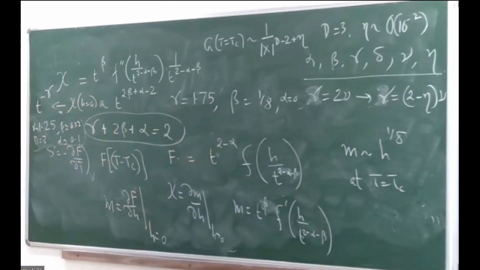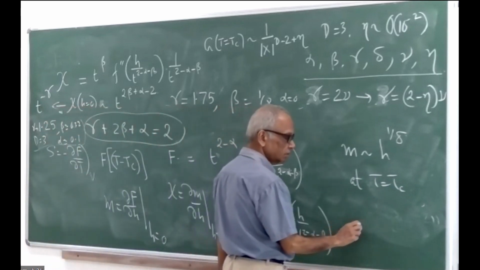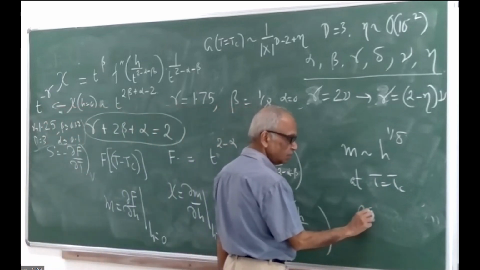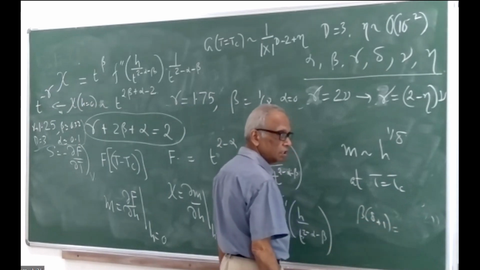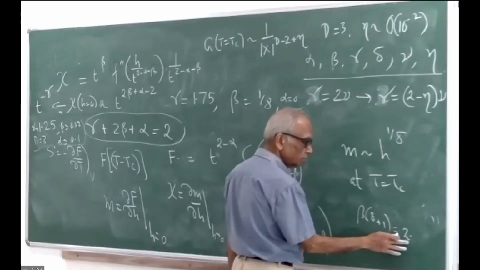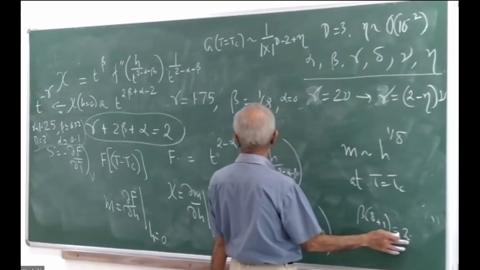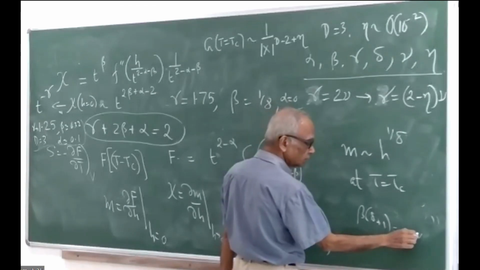I think it is beta into delta plus 1 is 2 minus alpha.